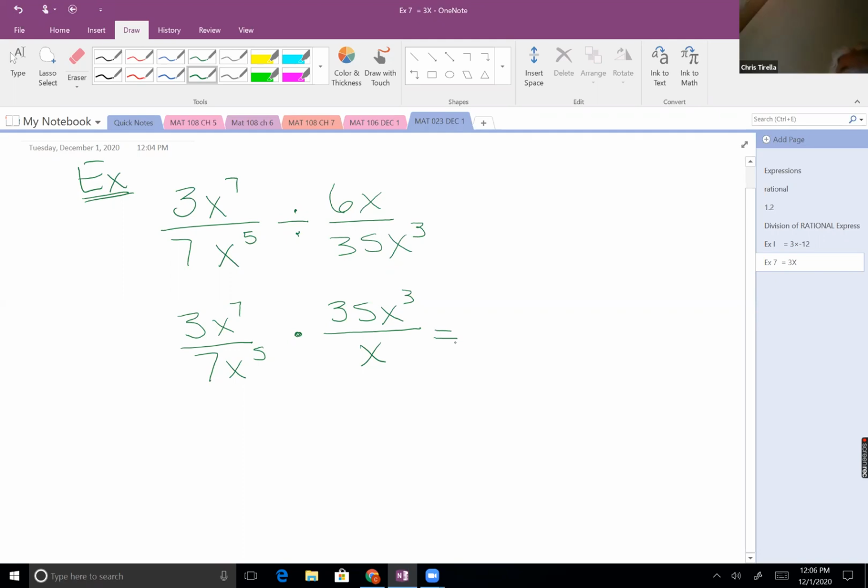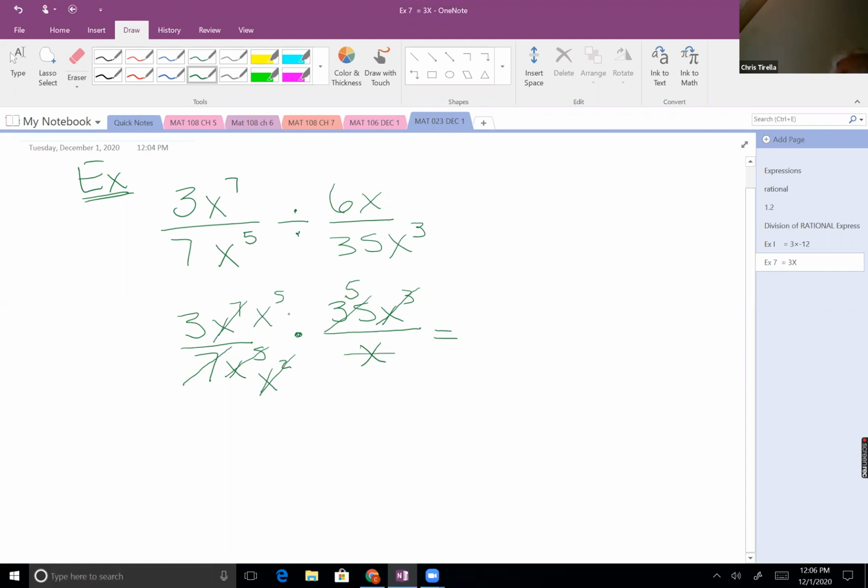So common factors, 7 goes into 35 5 times. X to the third goes into x to the fifth, x squared times. X squared goes into x to the seventh, x to the fifth times.